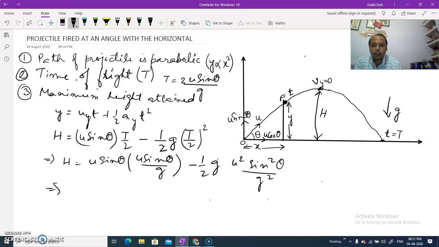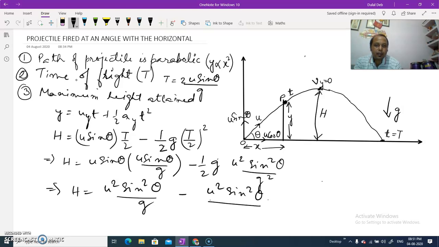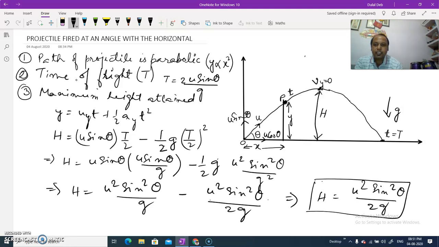And when we solve it, we will get here U square sin square theta by g minus U square sin square theta by 2g. So when we cancel it out, we finally get the value of h as U square sin square theta upon 2g. So this is the value of maximum height attained.